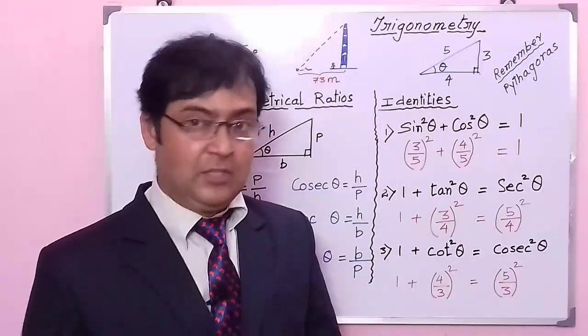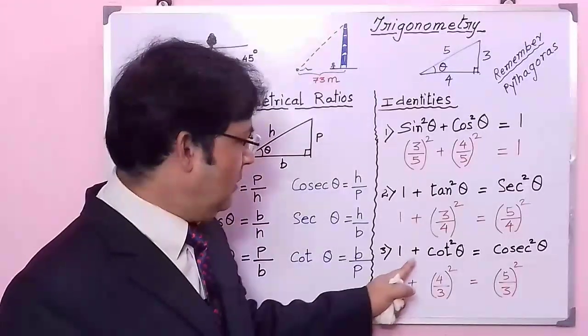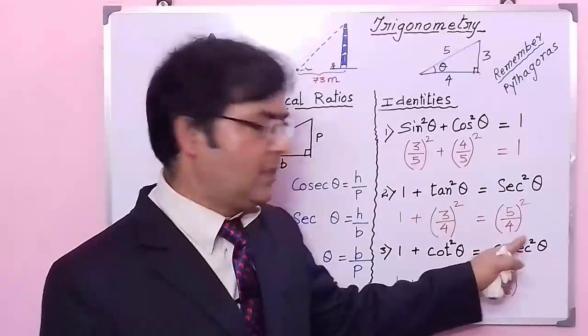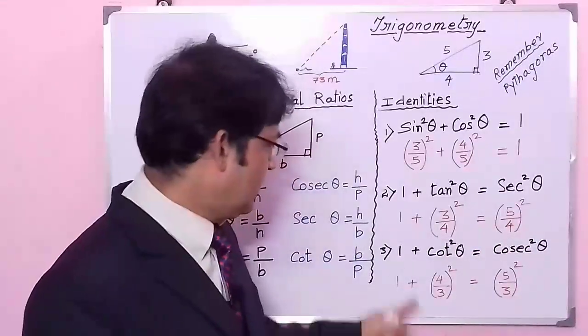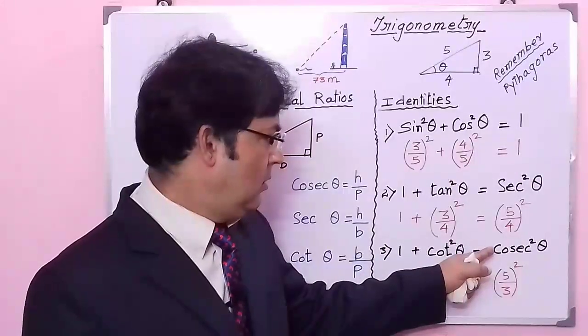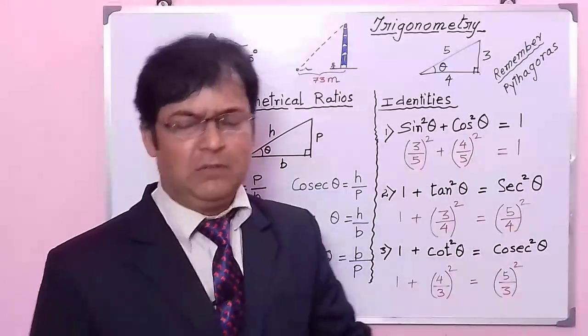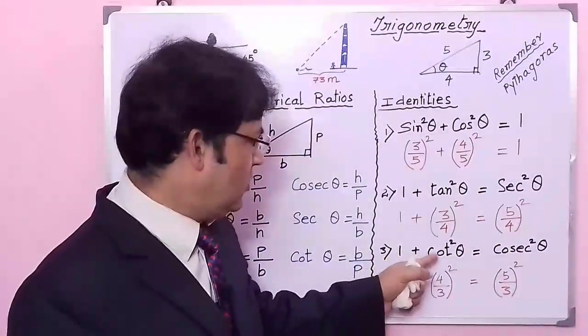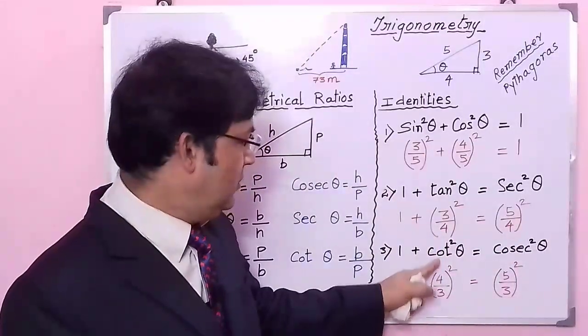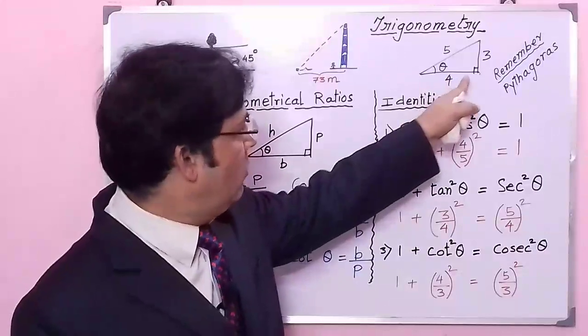And the third one, 1 plus cot square theta equals cosec square theta. Now you remember it in a different way. 1 plus cot square theta equals cosec square theta. Now cot is 4 by 3.